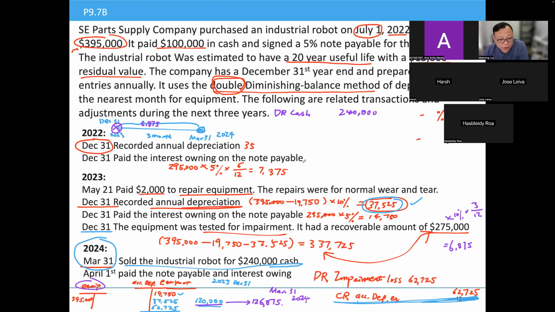What else do I do? How should I deal with the equipment account, this balance of 395,000? I'm selling this asset, and it does not belong to me anymore, so the balance of this account should be 0.